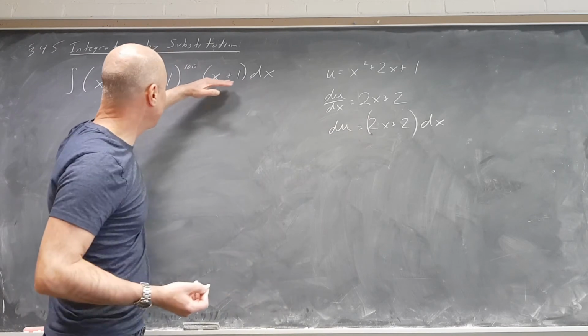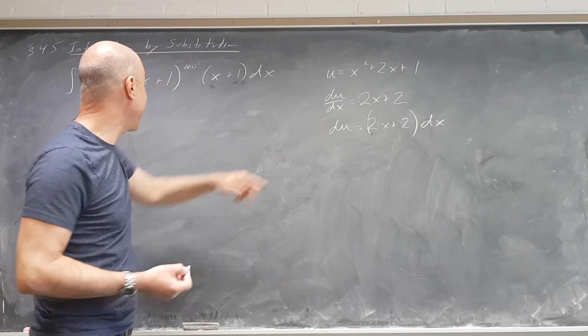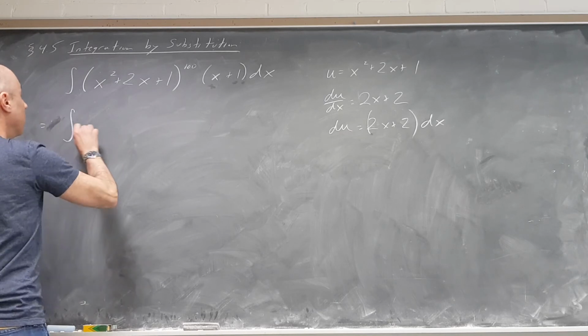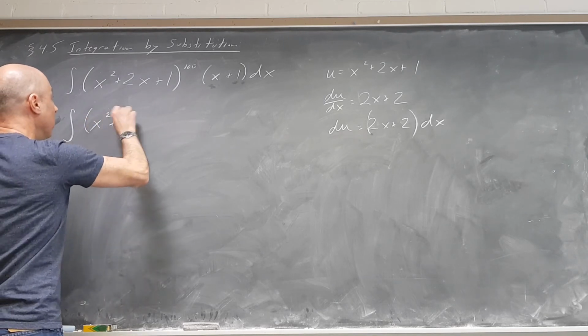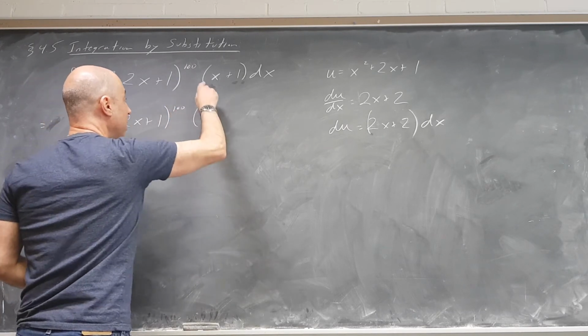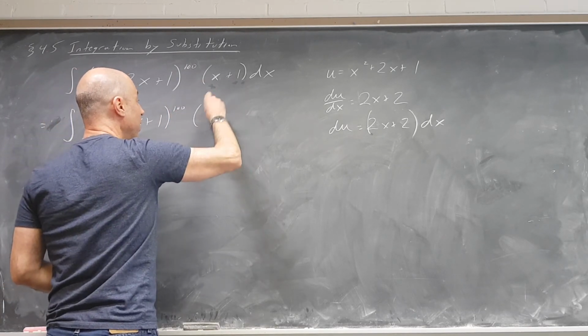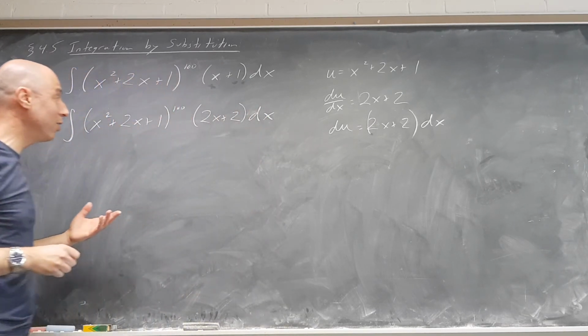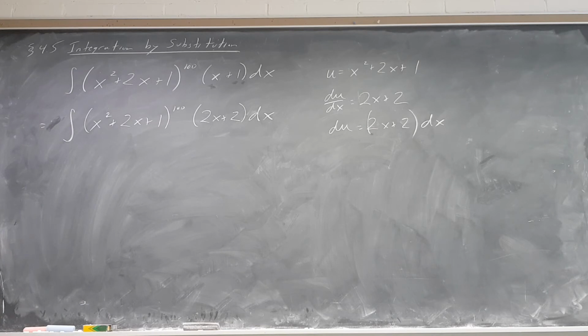If I go ahead and multiply this by 2, I've got that. I'm going to take this and multiply it by 2 and get 2x plus 2. But since I can't go around willy-nilly multiplying things by 2, I'm going to put a 1/2 out front.